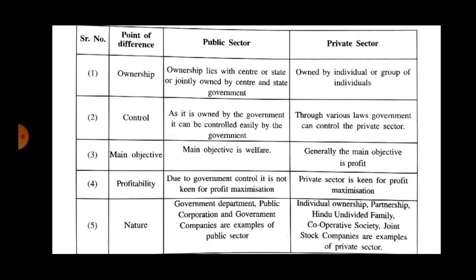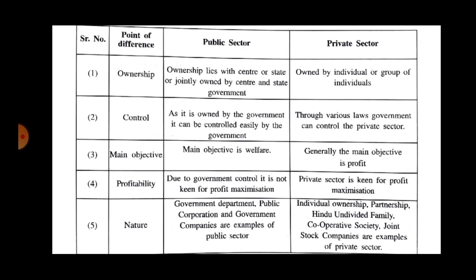Due to government control, it is not keen for profit maximization. Their objective is to provide social welfare, not to earn more and more profit. So they are not keen for profit maximization, while private sector is keen for profit maximization. That is their only main objective.